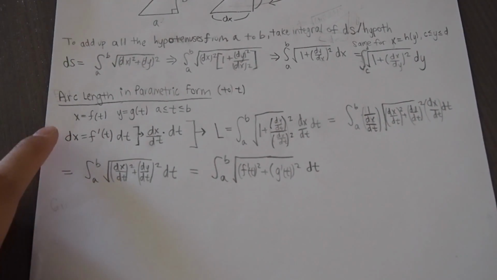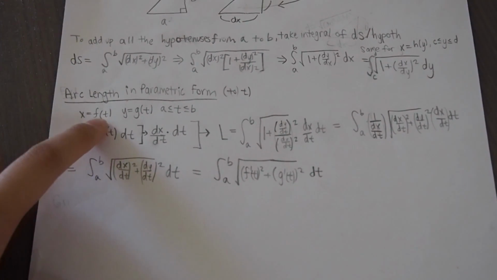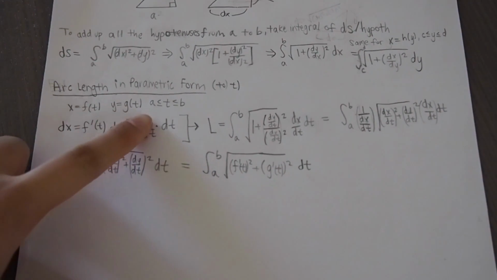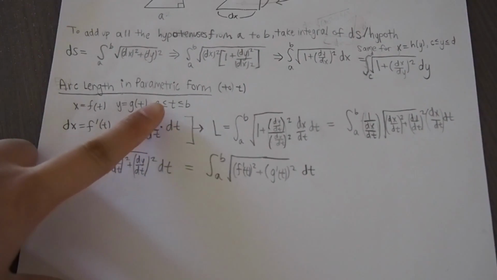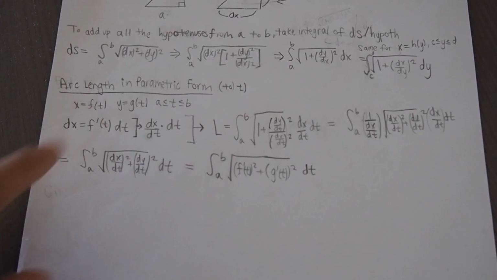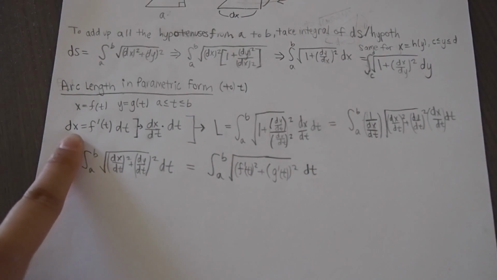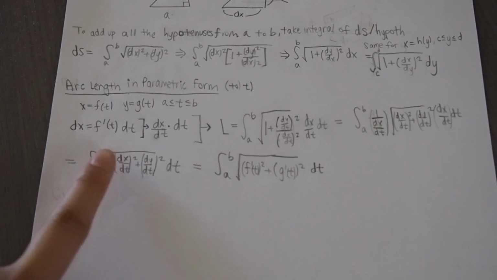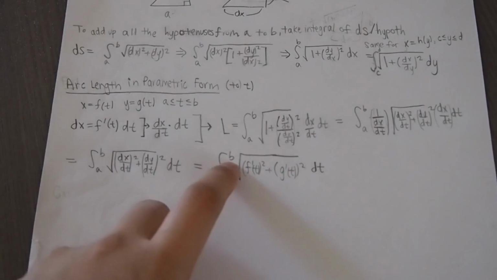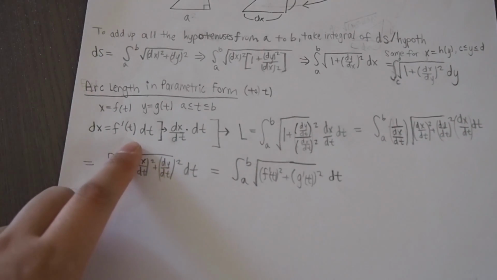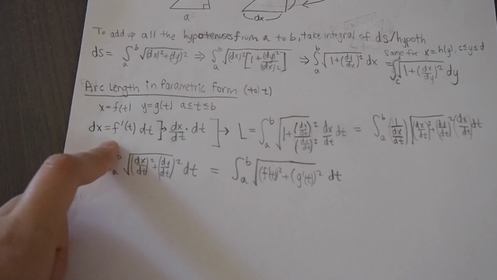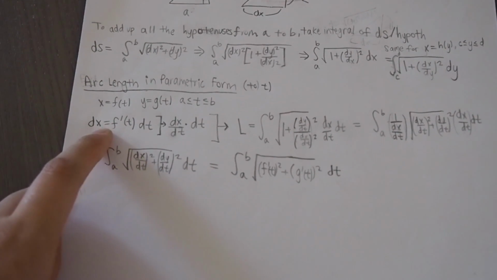Given that we have x equals f of t and y equals g of t, with a less than or equal to t, less than or equal to b, we first need to understand how we derive this formula. It's just a little bit of manipulating the formulas.